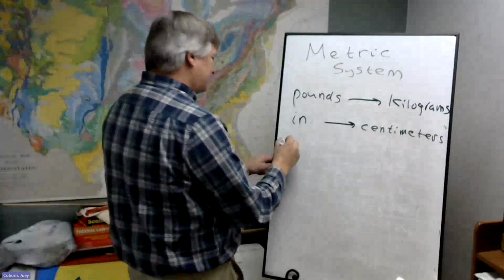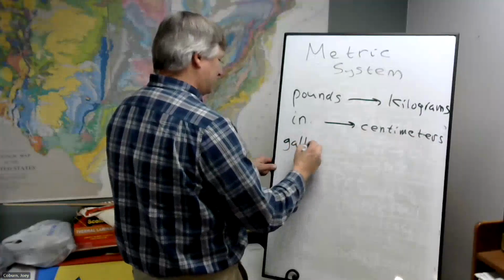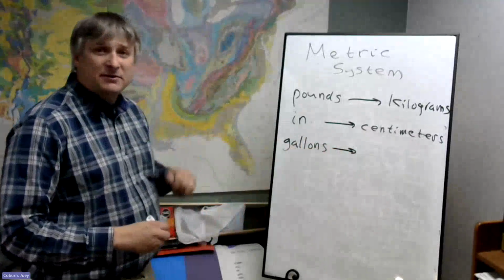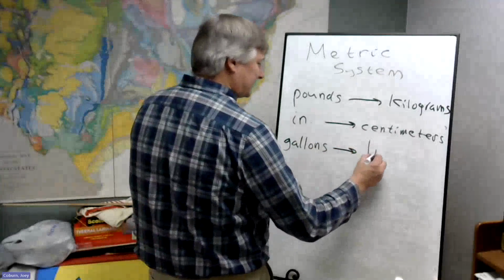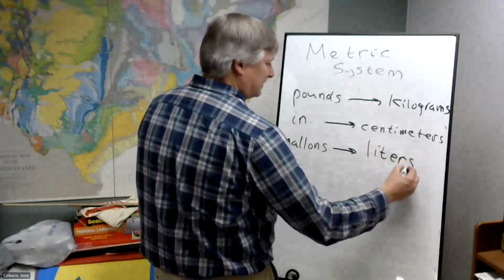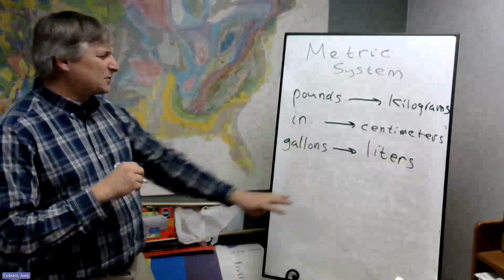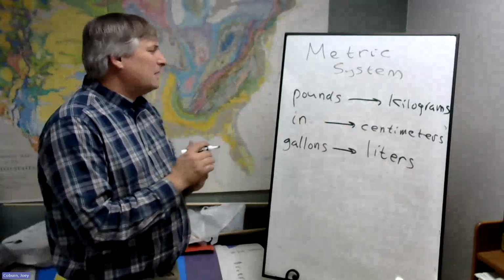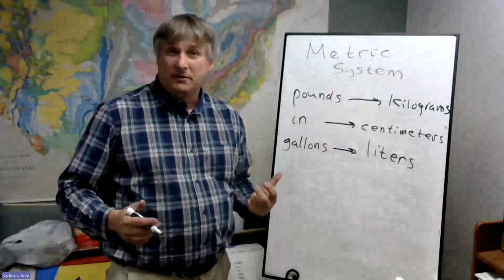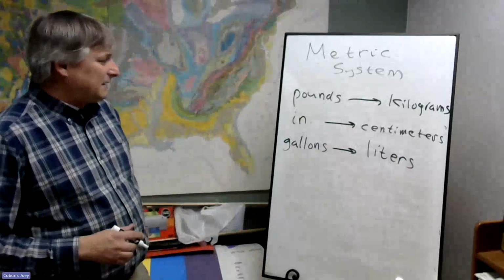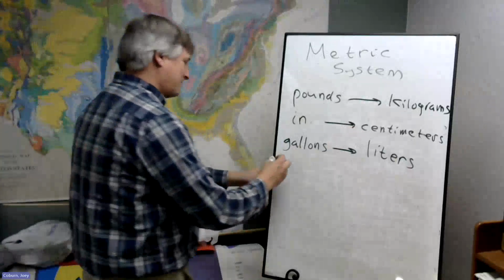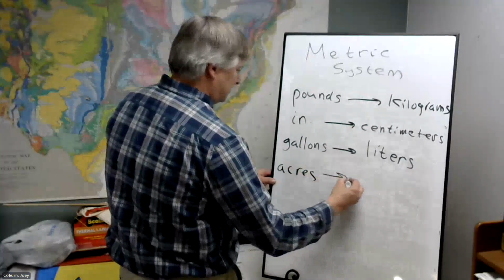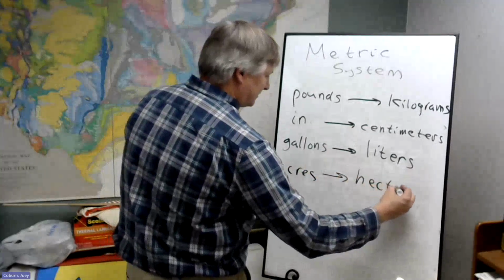Instead of, say, gallons in the US system, you'll have liters in the metric system. Liters are smaller than a gallon, centimeters smaller than an inch. A kilogram tends to be heavier than a pound. Let's say, an area: instead of acres, we have hectares.